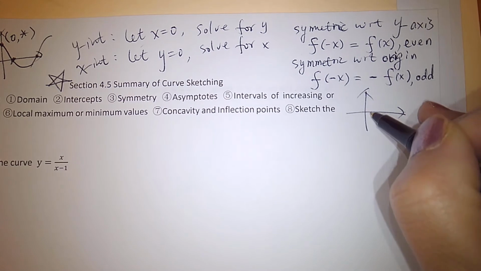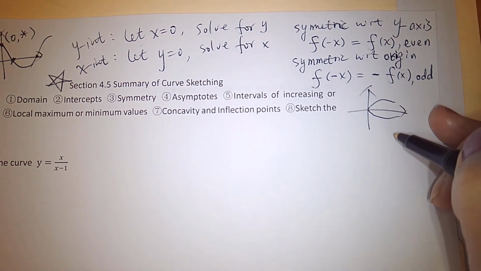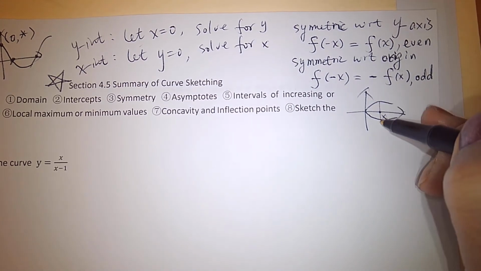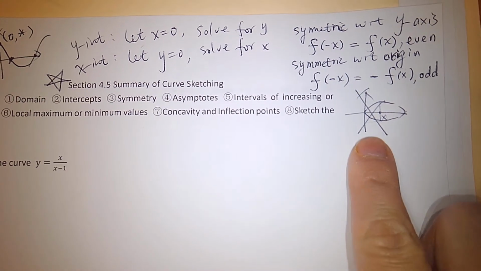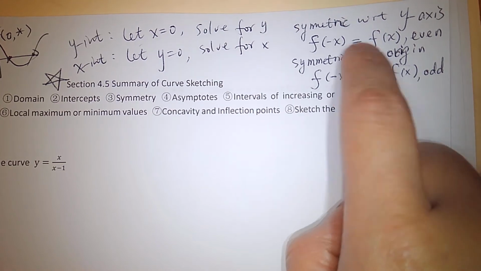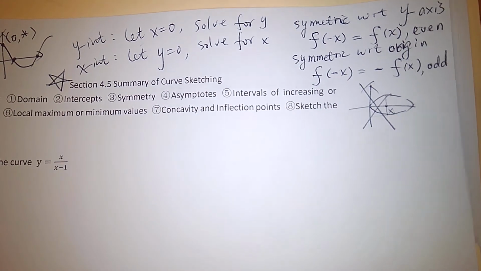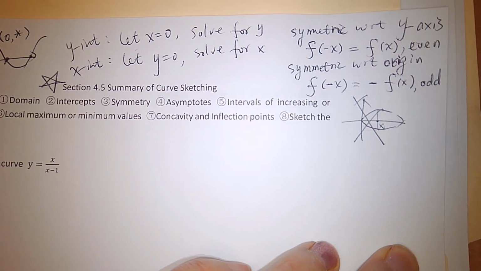Because if the graph were symmetric with respect to the x-axis, can we say this is a function? No, because for one x there will be 2 y values corresponding to the same x, so it's not even a function, okay? So for a function f, there can only be symmetry with respect to the y-axis, or with respect to the origin, or neither, okay?